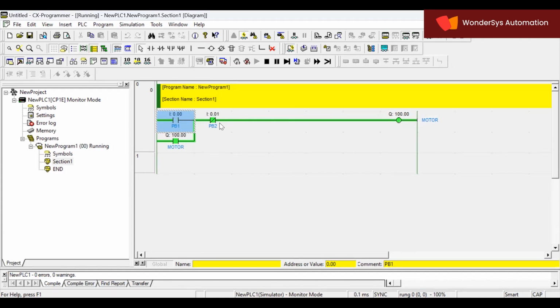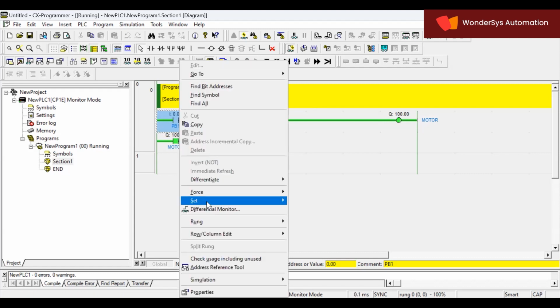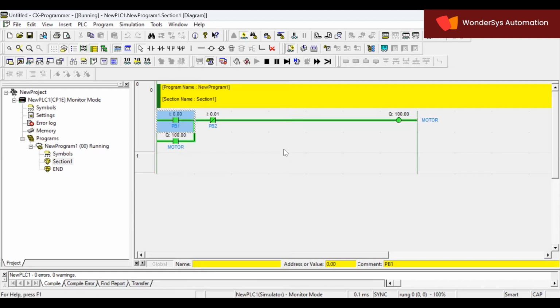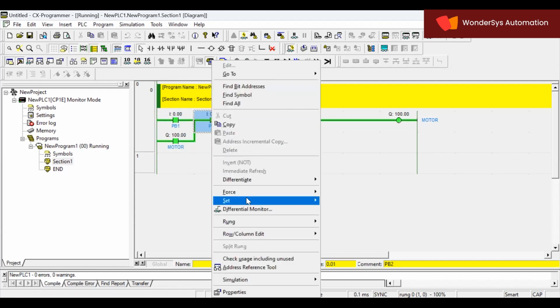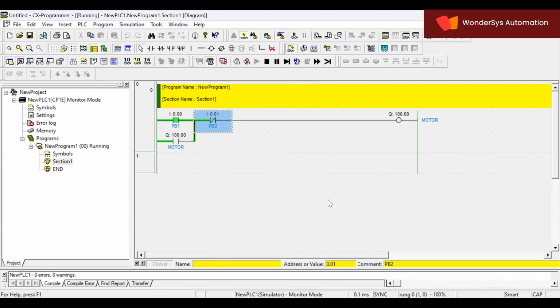Since I'm using a NC contact, this second push button is not affecting the output. Now I'll make this switch again on. So even now the output is continuously on. Now if I make the other push button on, the latch will break and output will become off. So this is how we execute.